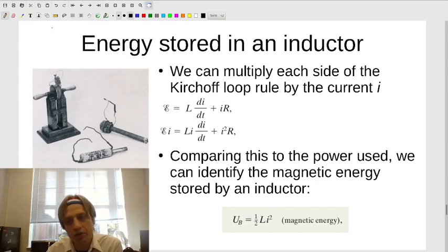Now, there is one more thing I want to discuss a little bit in this video. I have sort of hinted at this earlier, but inductors are a little bit different from capacitors and resistors. Capacitors store energy in the form of electrostatic charge.